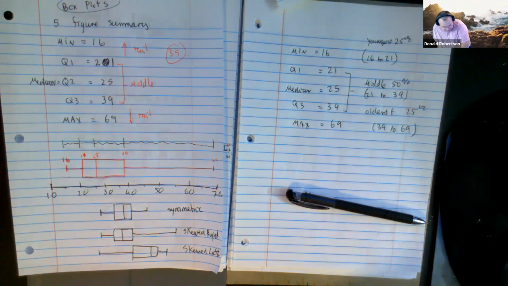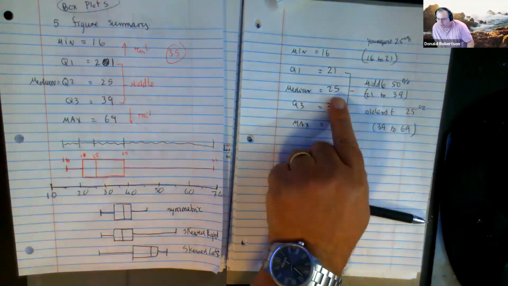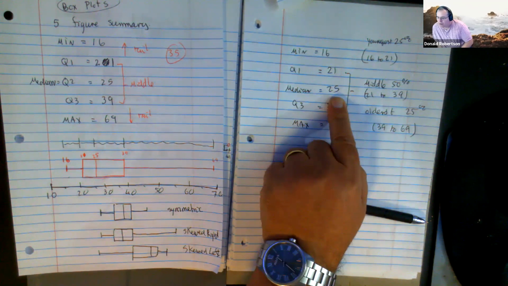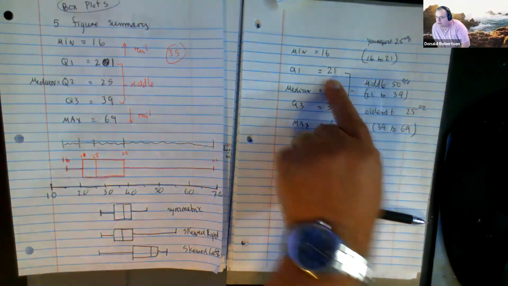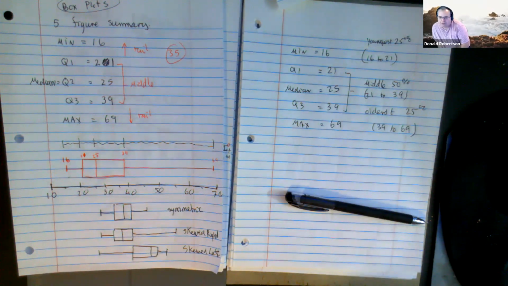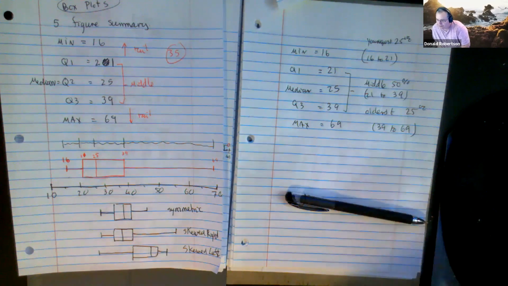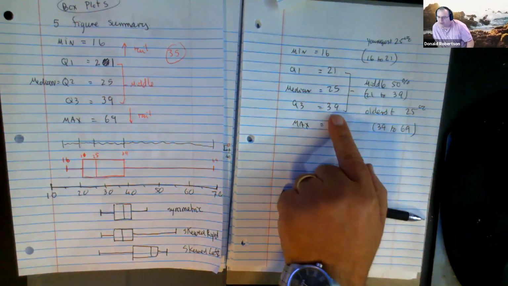What age would you need to be so that at least half the class was younger than you? You'd need to be 25. What age would you need to be so that 1/4 of the class was younger than you? You would say 21. What age would you need to be so that 3/4 of the class were older than you? The answer would be 39.